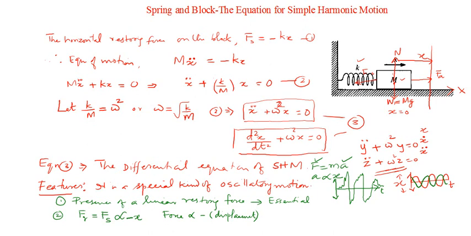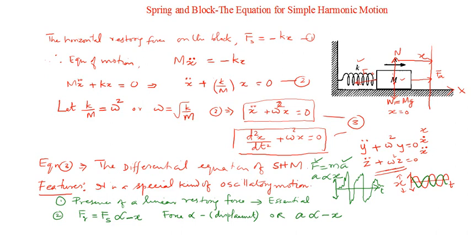So we can say in another way, the acceleration of the system executing SHM will also be directly proportional to the displacement. So any of the systems which has these essential features will be executing a special kind of oscillatory motion, which we call simple harmonic motion. Okay, so that is something quite relevant.